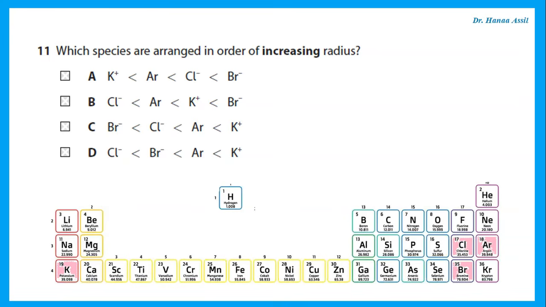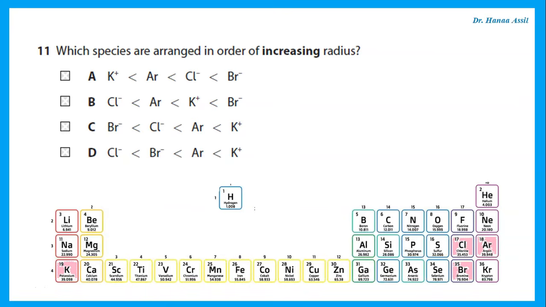It has more shells. Remember that K+ means that potassium has lost its outer shell. So actually, potassium will have 3 energy levels, just like argon and chlorine. Bromine will have 4 energy levels. So basically, bromine is the highest. Whether we removed an electron or we gained an electron, the Br- gained an electron, it's still the highest of the other choices. So our choice would be A or B.